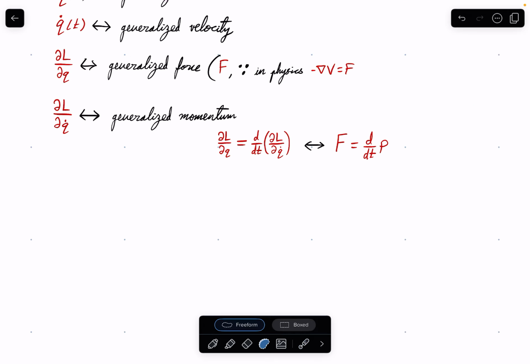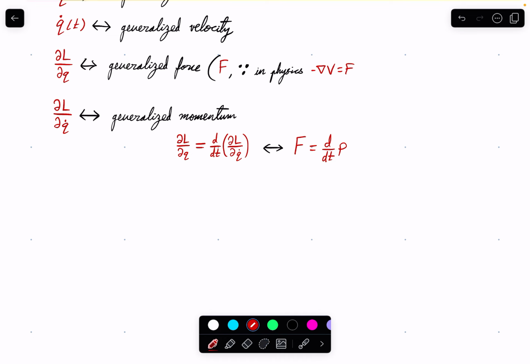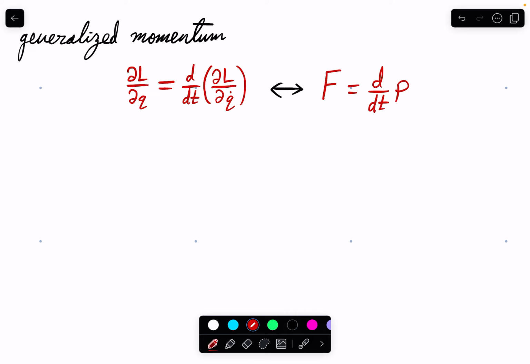And actually a pretty neat example: if you have kinetic energy equal to just 1/2 mv², we can relabel this v as q̇.